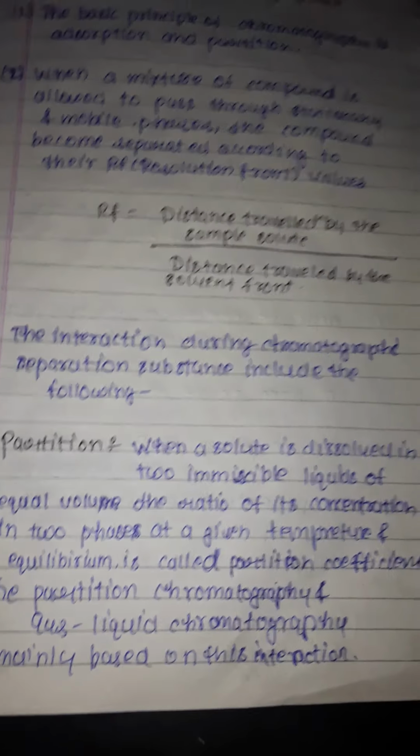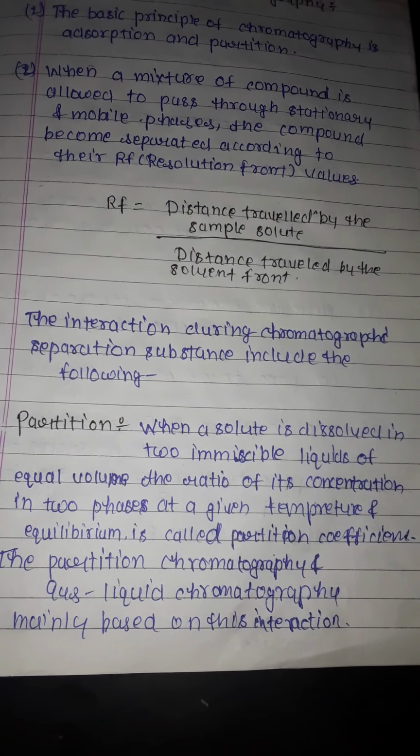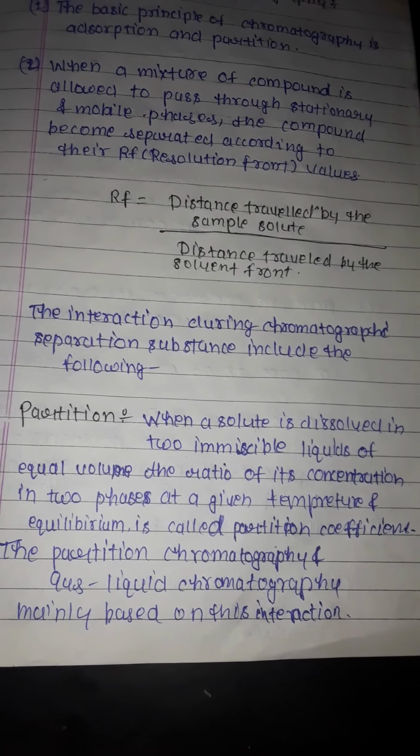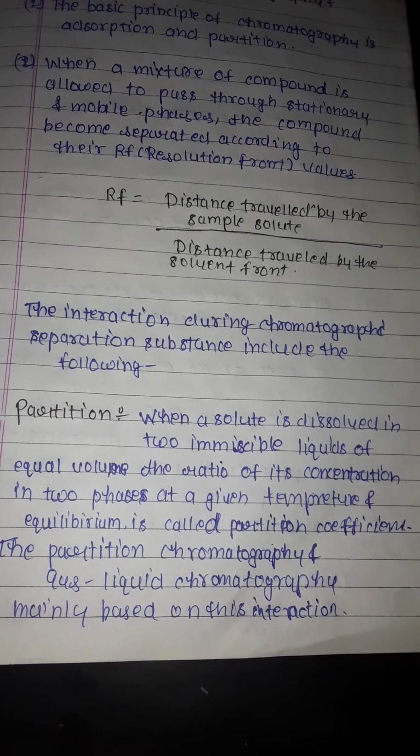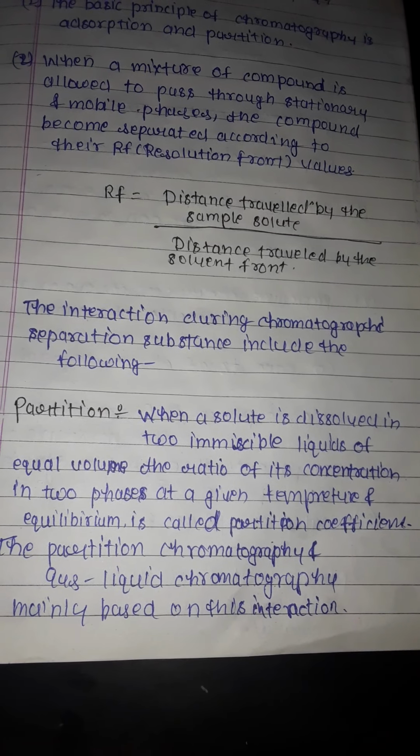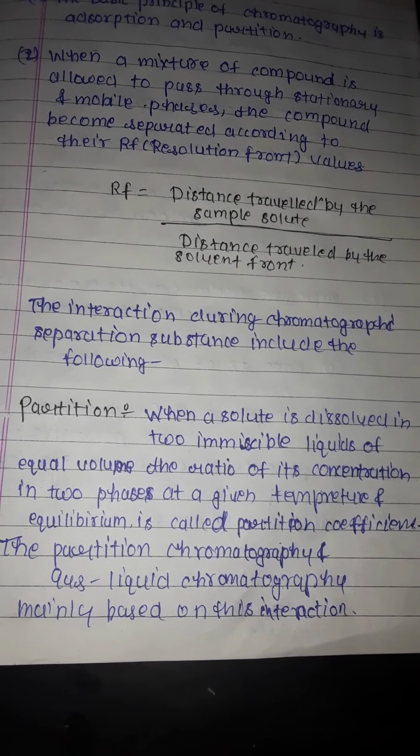So what is partition? When a solute is dissolved in two immiscible liquids of equal volume, the ratio of its concentration in the two phases at a given temperature and equilibrium is called the partition coefficient. We are revising it: the ratio of its concentration in two phases at a given temperature and equilibrium is called partition coefficient.